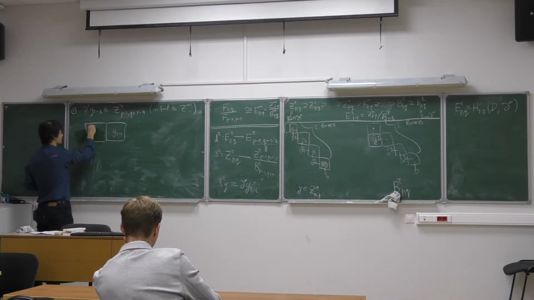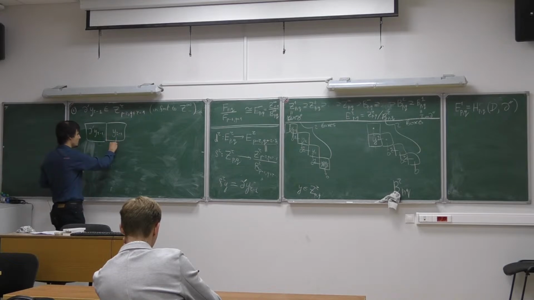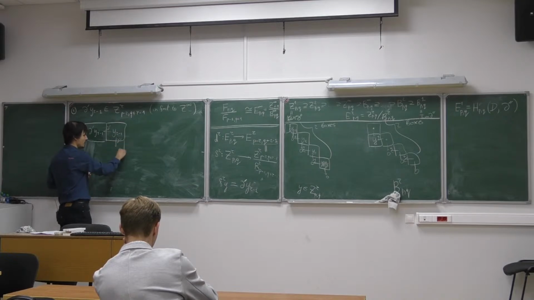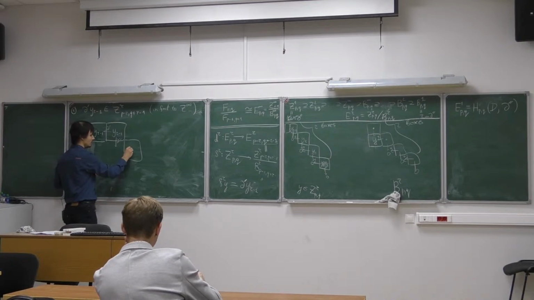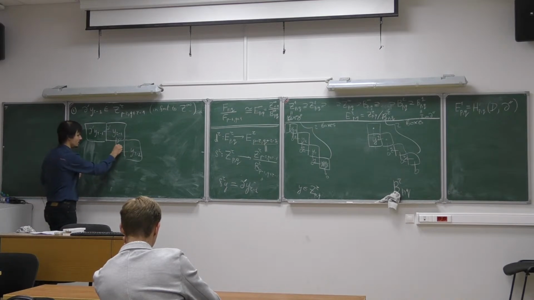Here I have this d prime y r minus 1. And what I know is that here this is d prime, and d2 prime of y r minus 1 is the same as d prime of y r minus 2. Okay, they sum up to 0.